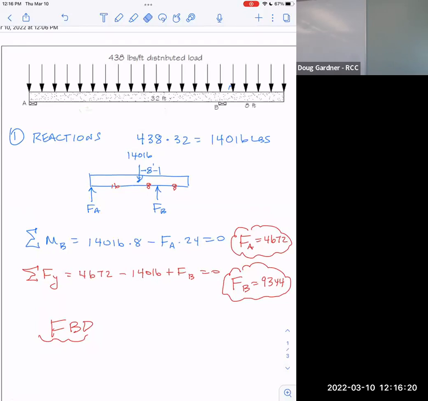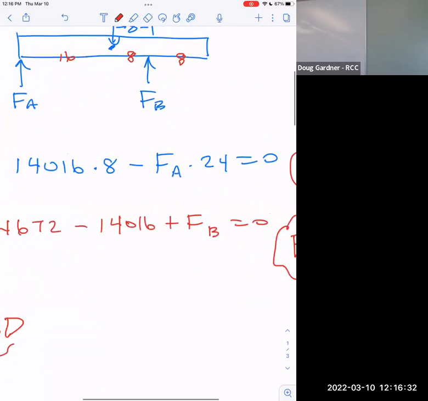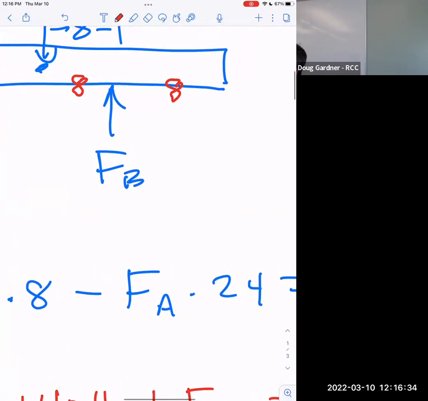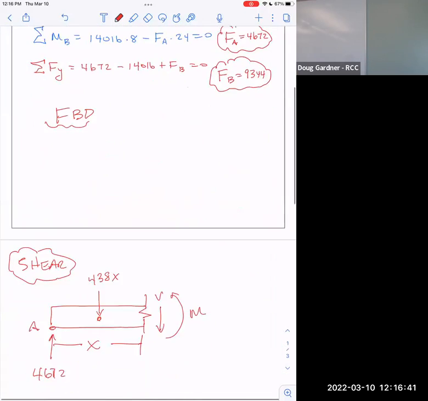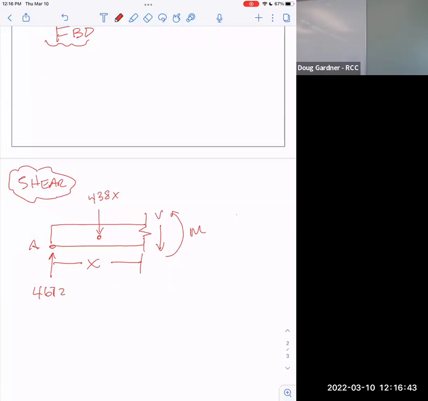Since this distance right here is 24 feet, does it make sense if X makes it to 24, then all of a sudden there needs to appear this magic force of B? So it's like, what? How are we supposed to account for that? Well, we account for it by saying this picture that I drew here only works for X between 24 and 0. We're actually going to have a totally separate equation. We're going to have a separate drawing for 24 to 32.